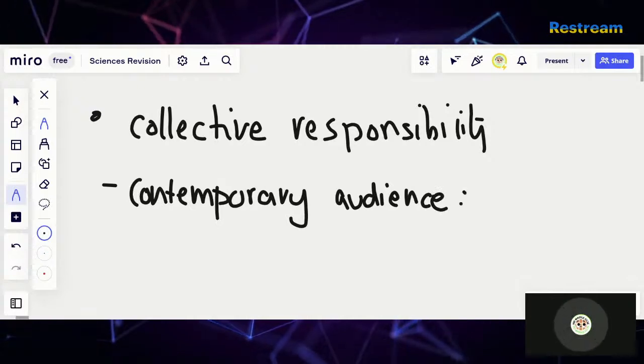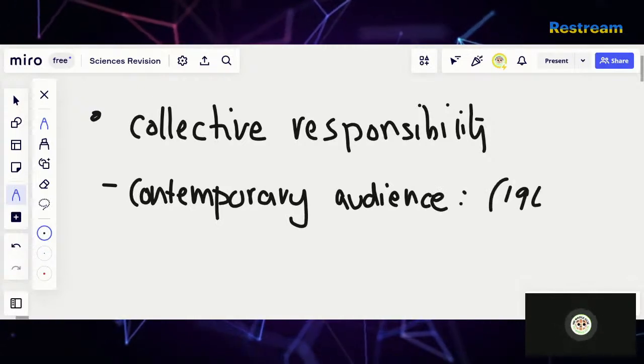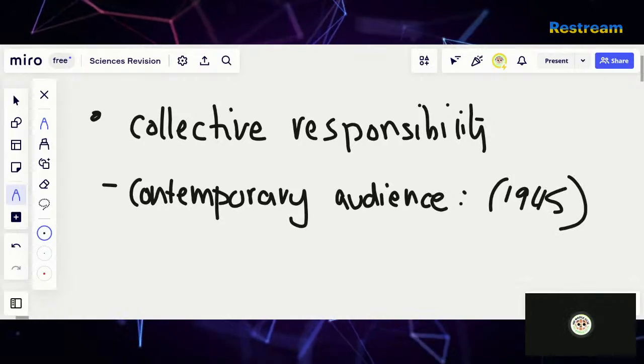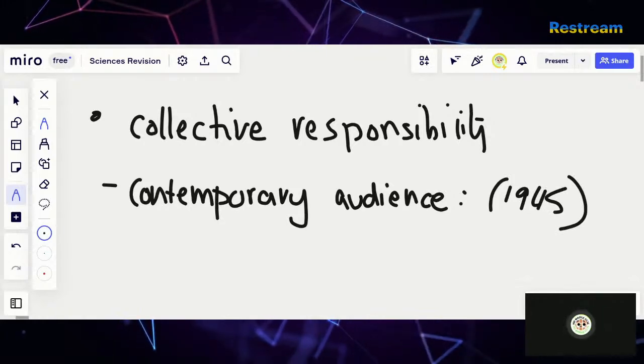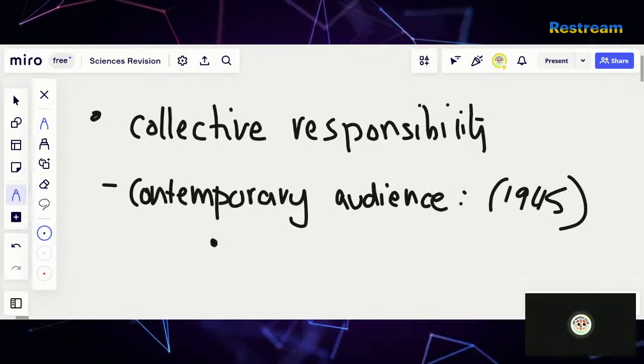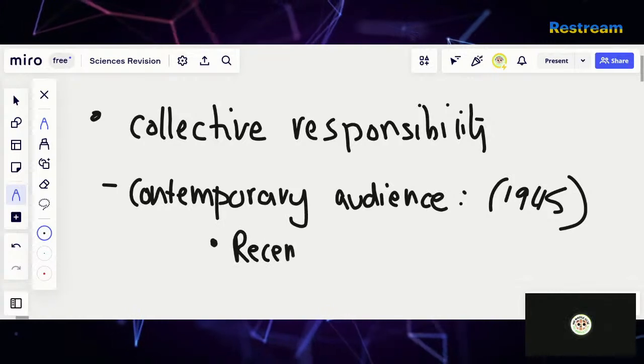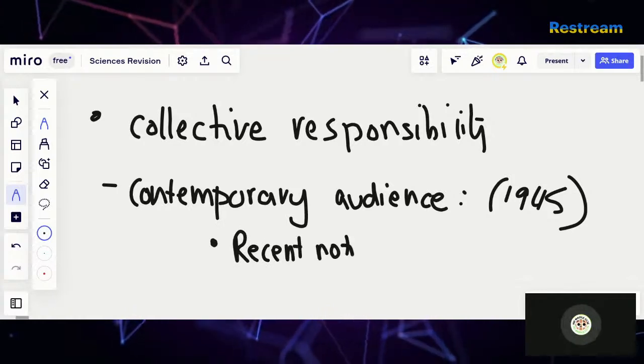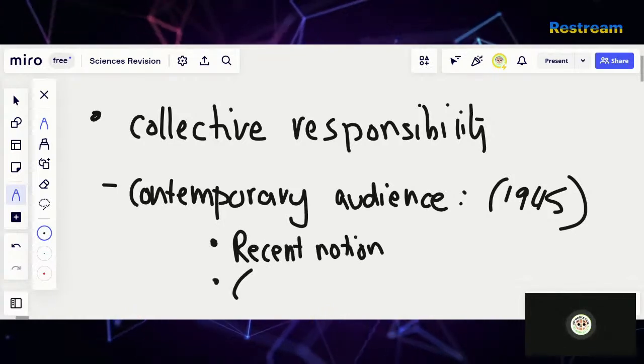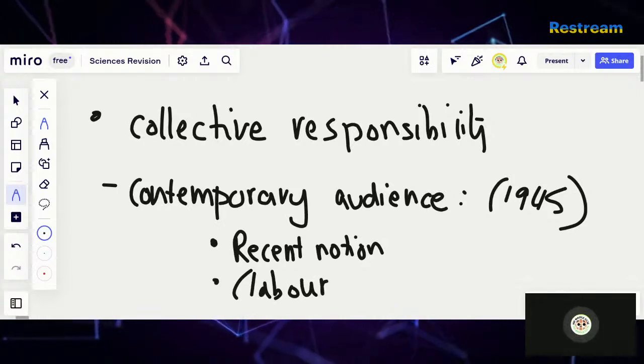The contemporary audience, which is just the 1945 audience, would have viewed collective responsibility as quite a recent notion they would be aware of because of the Labour government taking over.